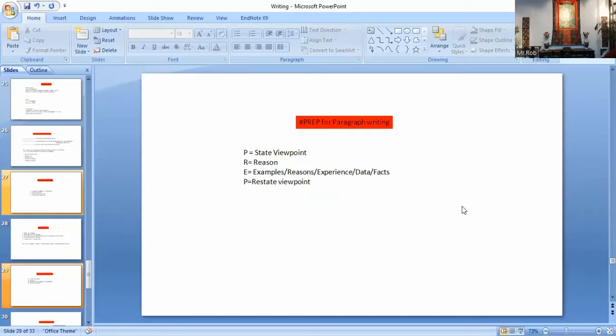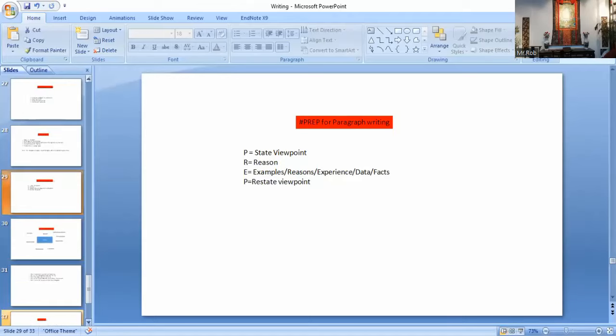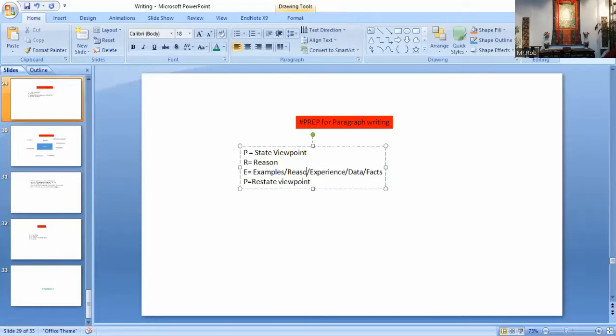Now, the PREP formula for writing body paragraphs. How to use the PREP method to write a body paragraph. PREP is an acronym for what? P stands for viewpoint, and R stands for reason. E stands for examples, opinions, experience, and data.